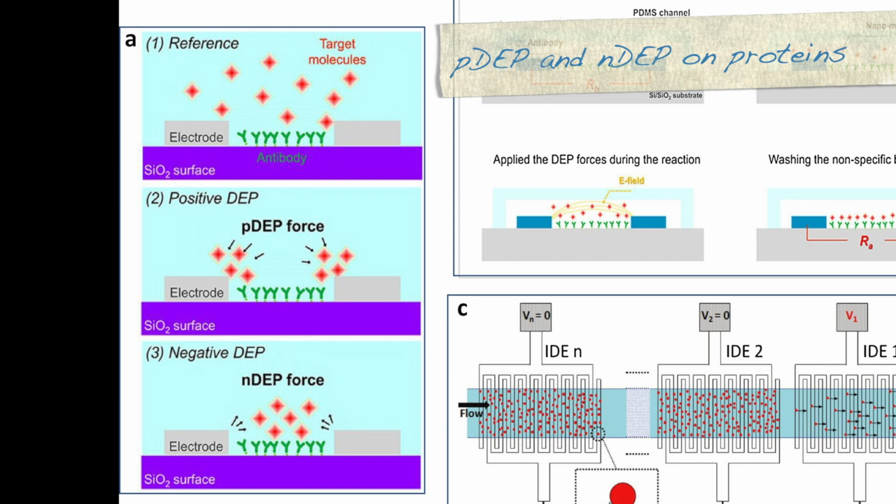So the resistivity measurement of the trapped molecules at various protein concentrations will show a detection improvement with negative dielectrophoresis compared to a reference condition when no dielectrophoresis was applied. Also, dramatic enhancements of detection sensitivity were achieved, and in addition, the limit of detection was improved.